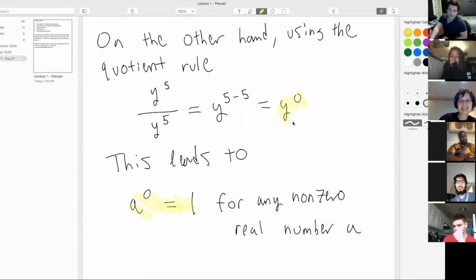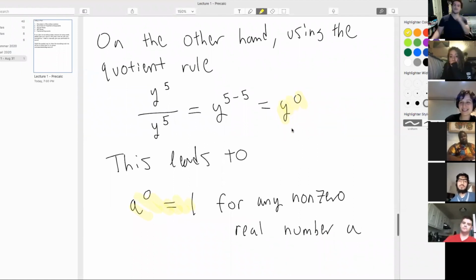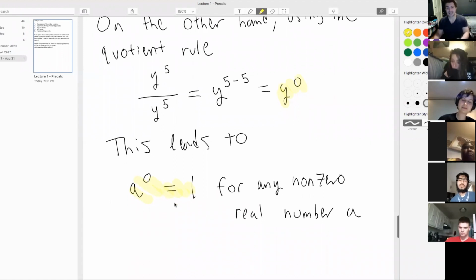That's an amazing question. The definition we had for the exponent, multiplying it by itself that many times, was defined just when the exponent was a positive number, like 1, 2, or 3. 0 is neither positive nor negative. So this is actually a new definition.